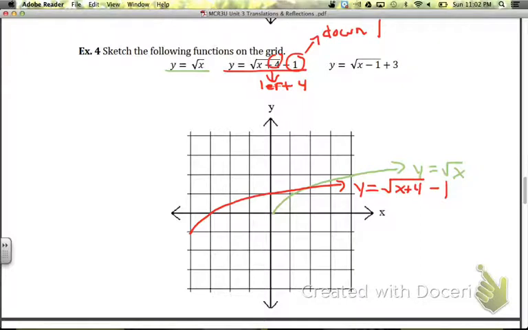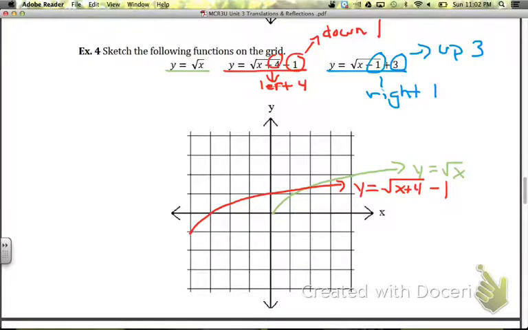And the last function that we're going to look at here is y equals the square root of x minus 1 plus 3. Now what does that plus 3 do? That plus 3 is going to move it up 3, and that negative 1 is going to move it right 1.